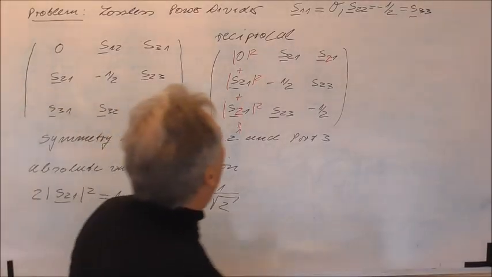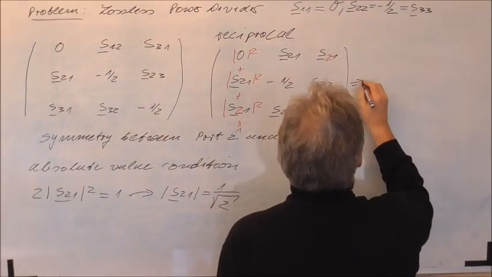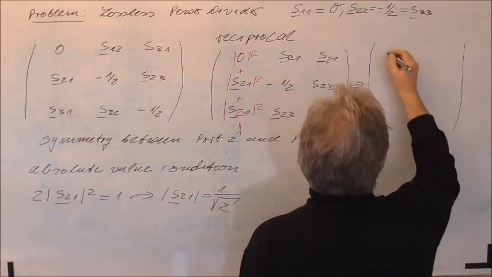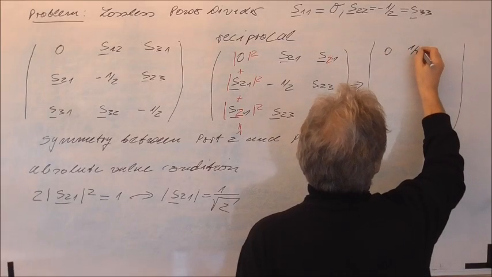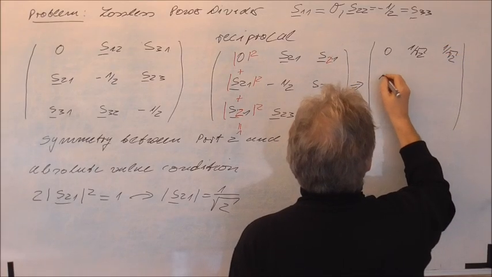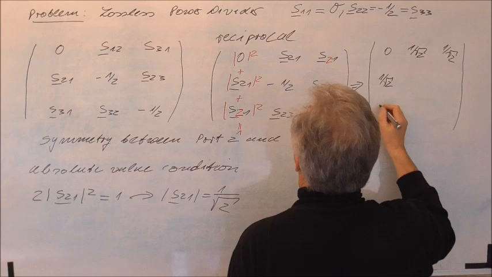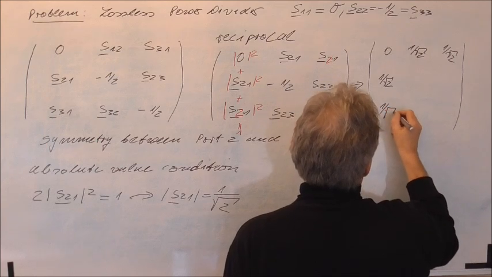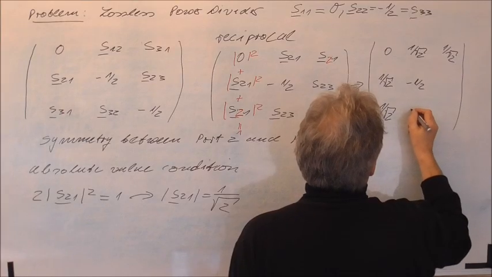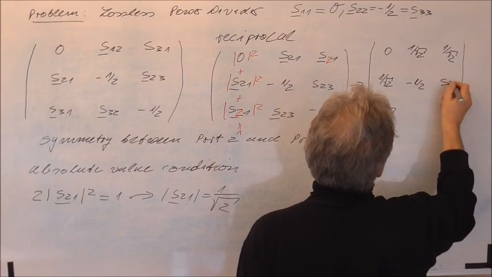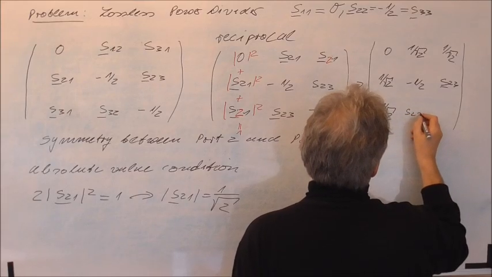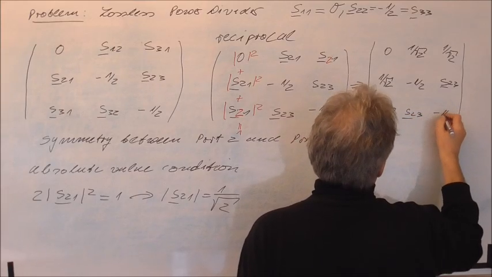So we end up now in 0, 1 over the square root of 2, 1 over the square root of 2, 1 over the square root of 2, 1 over the square root of 2, minus 1 half, and here we have S23, S23, minus 1 half.